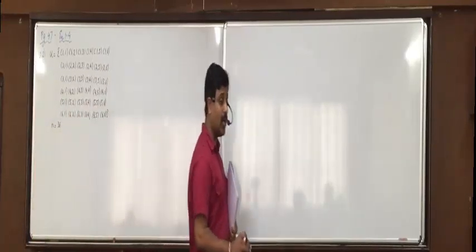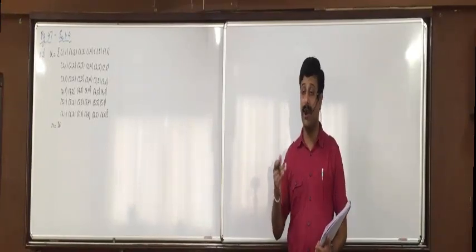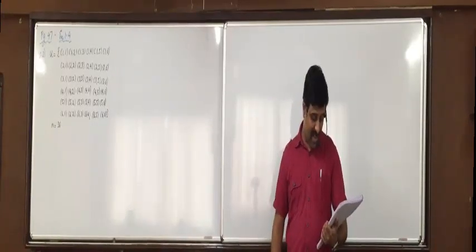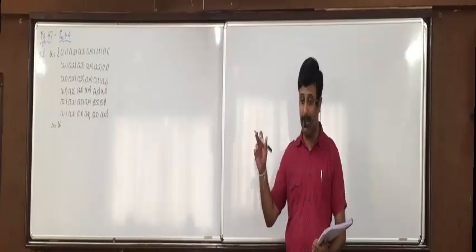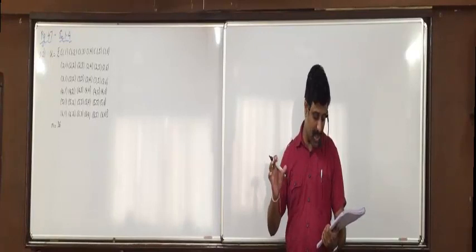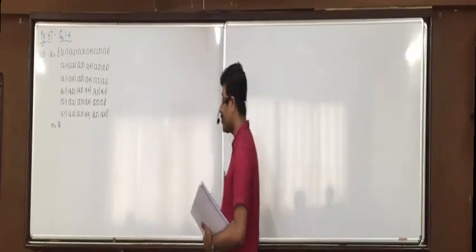B slash A. I told you condition will come in the denominator and whatever probability we have to find will come in the numerator. Find the probability that both the dice show the same number, that is B, so B will come in the numerator. Condition is sum of numbers is more than 7, so that will come in the denominator.